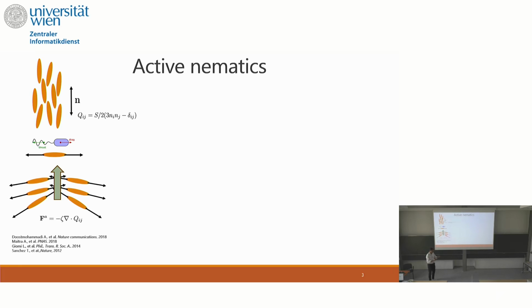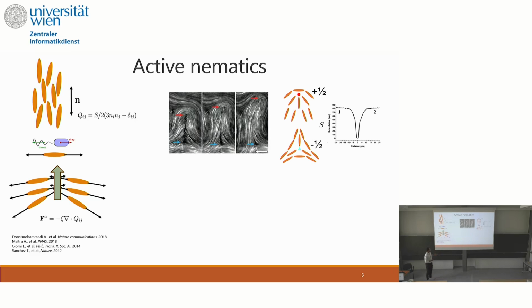So if there is just one molecule, this force cancels out. But if there is some deformation in the system, like here, as we have seen before, the nematic molecules aren't aligned perfectly, but they have some bend deformations. There is some net active force acting on the fluid, modeled with this equation, and such a force actually destabilizes this deformation.